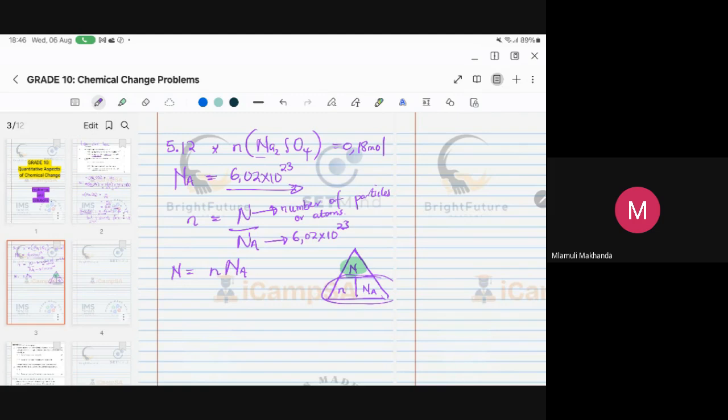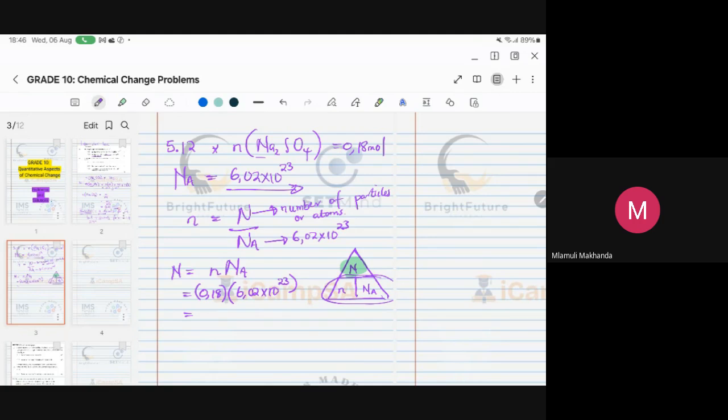So we're looking for N, the number of particles according to the question. For sodium sulfate, we have 0.18 mole, and Na is a constant. It's always given in your formula sheet. You don't have to memorize it, but if you want to, it's a very simple number to memorize.